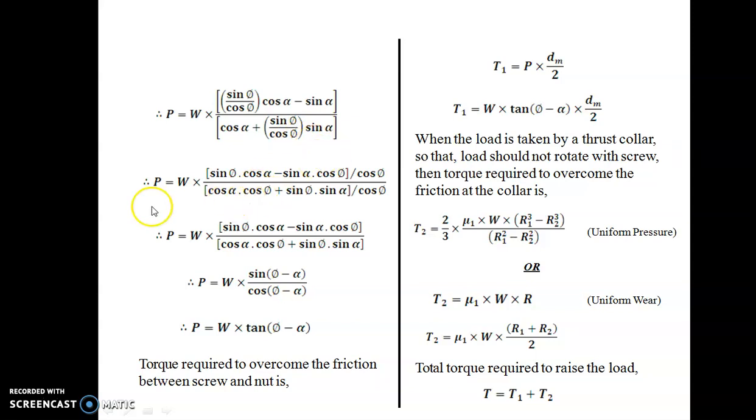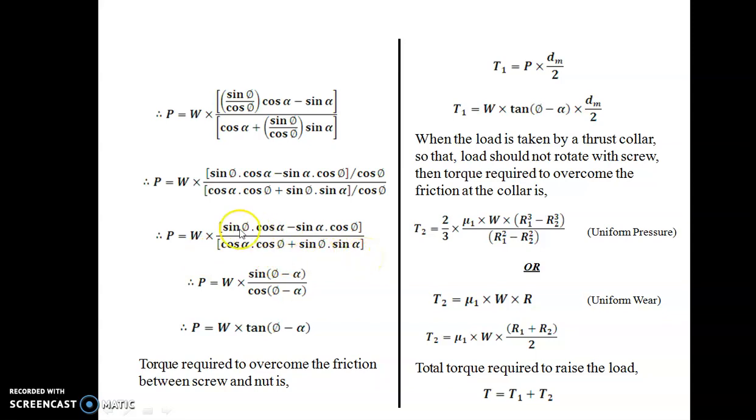Rearranging the terms, we get P is equal to W into sin phi cos alpha minus sin alpha cos phi divided by cos phi, divided by cos alpha cos phi plus sin phi sin alpha divided by cos phi. Cos phi will get cancelled and P is equal to W into sin phi cos alpha minus sin alpha cos phi divided by cos alpha cos phi plus sin phi sin alpha.